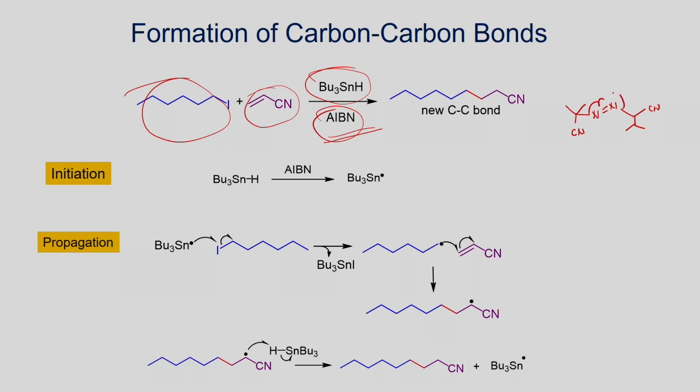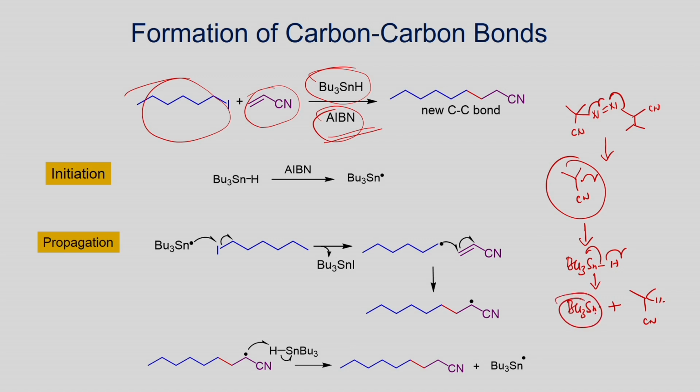So, AIBN readily undergoes cleavage to give this radical, this is a radical initiator. Once you form this one, this radical now can abstract the hydrogen from the tin, then you will be able to form the tin radical.